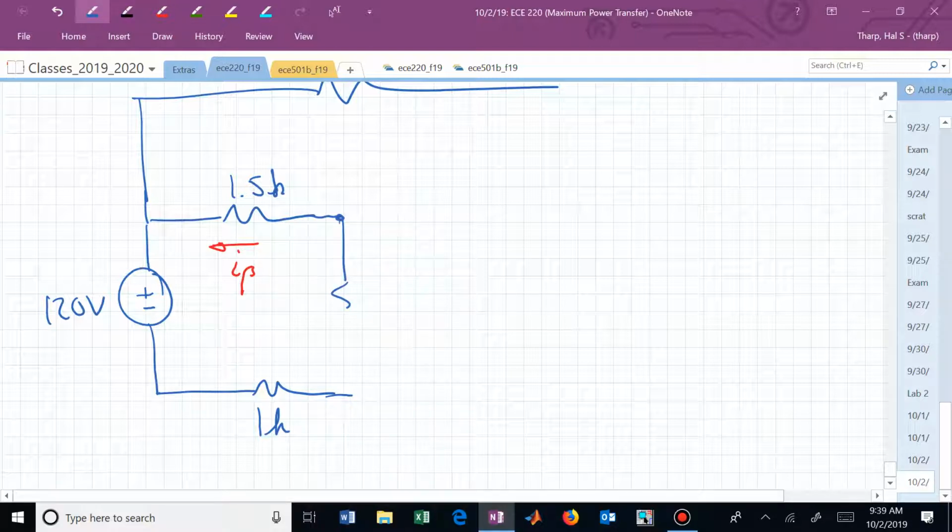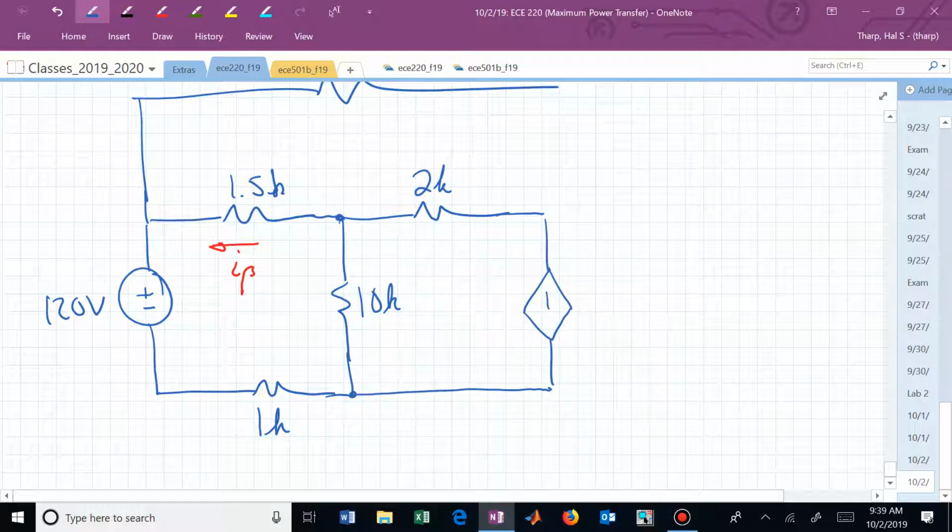And I had a 10K here. I had a 2K here. The dependent source. And I actually had a resistor in that branch.